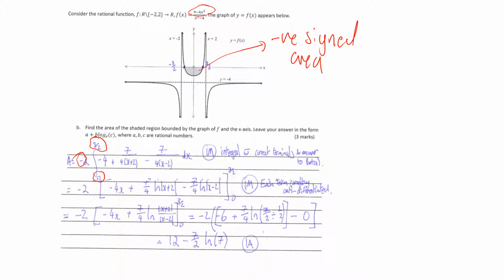Okay, so the constant becomes negative 4x, and so on and so forth. You've got 7 on 4 times natural log, minus 7 on 4 natural log. Okay, so you got the method correctly there. Always an idea to make it a single log, all right, it just simplifies matters.